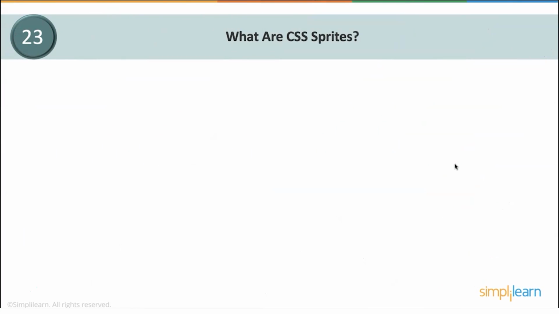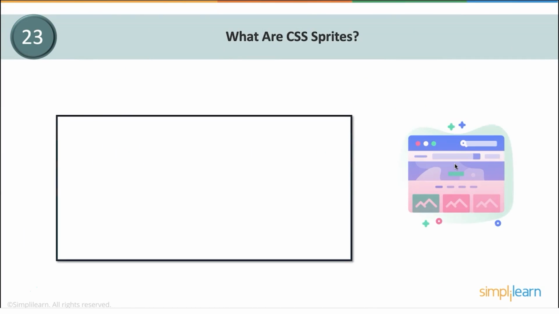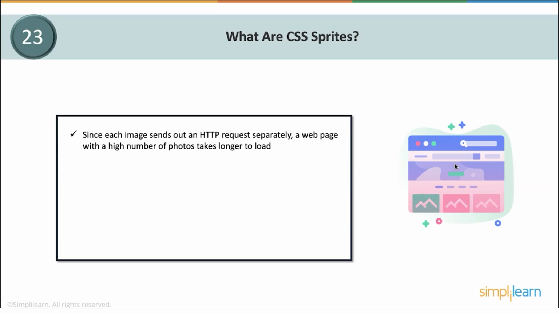Now, what are CSS sprites? CSS sprites is a technique where you take a larger image, download it in a single shot, cut it into pieces and utilize them the way you want. If you use these small images separately, loading those images independently would mean making multiple HTTP calls, which can be an overhead.